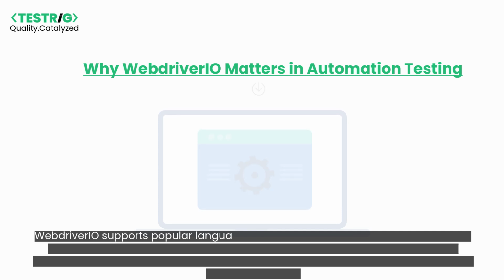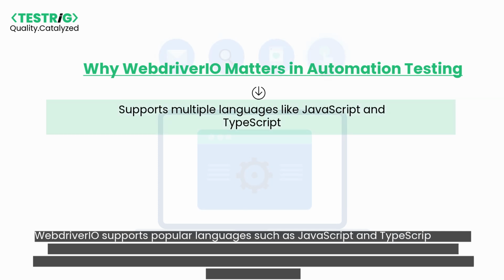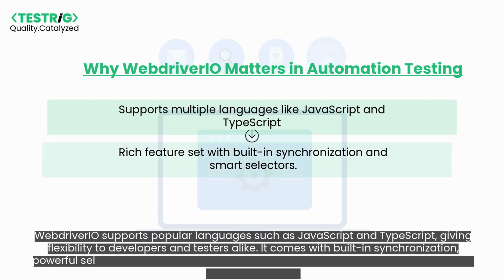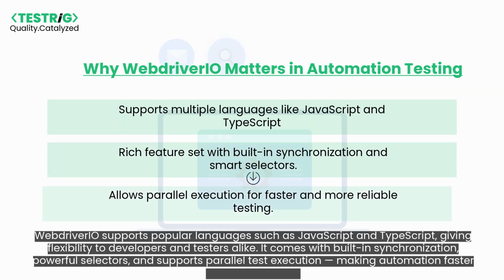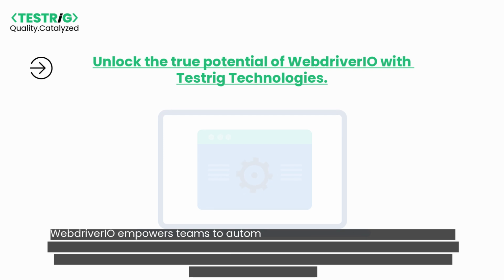WebdriverIO supports popular languages such as JavaScript and TypeScript, giving flexibility to developers and testers alike. It comes with built-in synchronization, powerful selectors, and supports parallel test execution, making automation faster and more reliable. WebdriverIO empowers teams to automate testing with precision, speed, and flexibility.